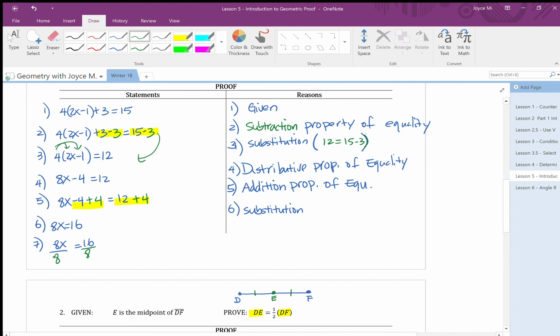Since I do the same thing to both sides of the equation, this is the division property of equality. Next step, like before, I'm rewriting the expression in a simpler form. So this is x equal to 2. Number 8, I'm just rewriting using an equal expression, so substitution.